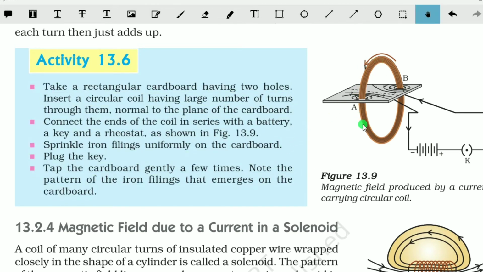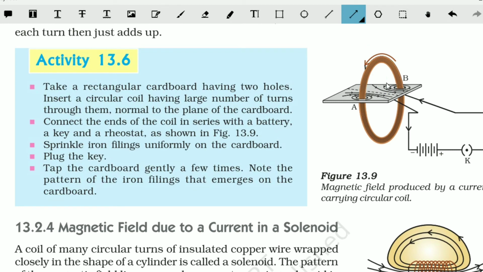Okay, now from the activity we learn that on the cardboard the iron filings will align themselves in a particular fashion, and we will see concentric circles: due to point A there will be some concentric circles, and due to point B there will be some concentric circles. As you know, this indicates the magnetic field direction. The magnetic field direction is found by applying the right-hand thumb rule, and that will be inside the circular loop in a particular direction.